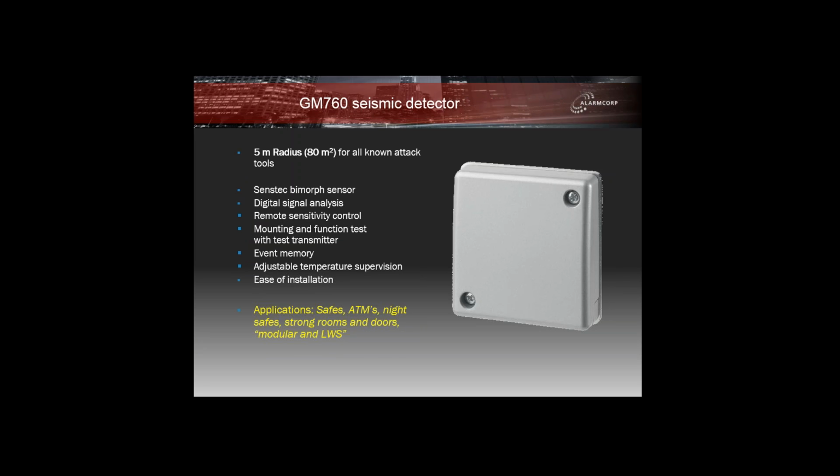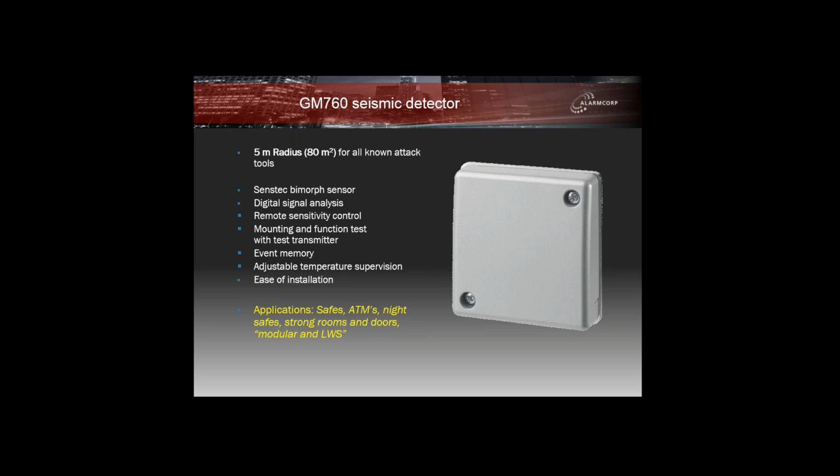So every time that this device goes into alarm, those last 100 events and the time and date are stored within the detector. So it's a very easy way then to check with the software that I'll be describing shortly to confirm and marry up that with the event log of either the panel or the control center to confirm that it was actually the device that went into alarm.